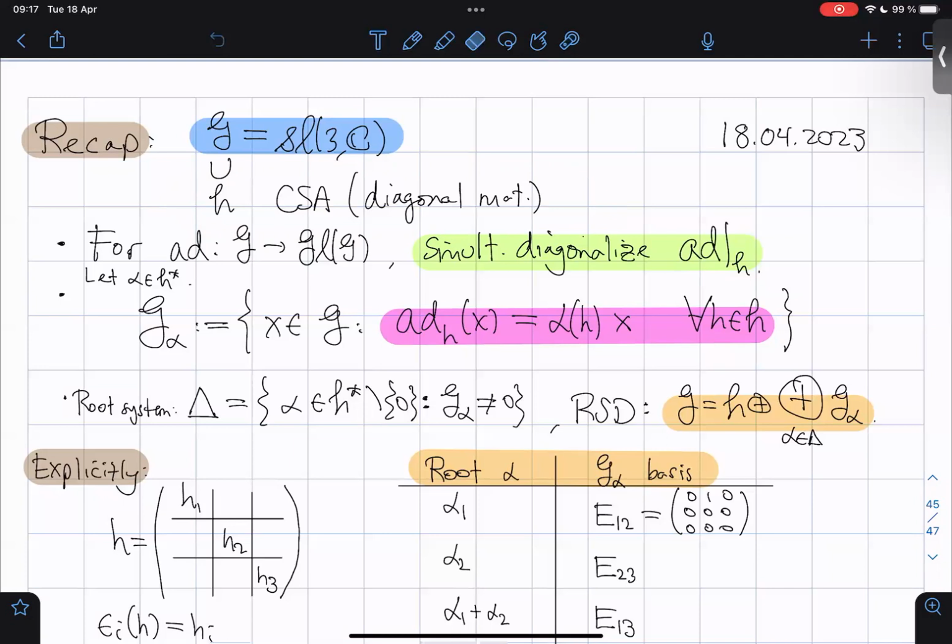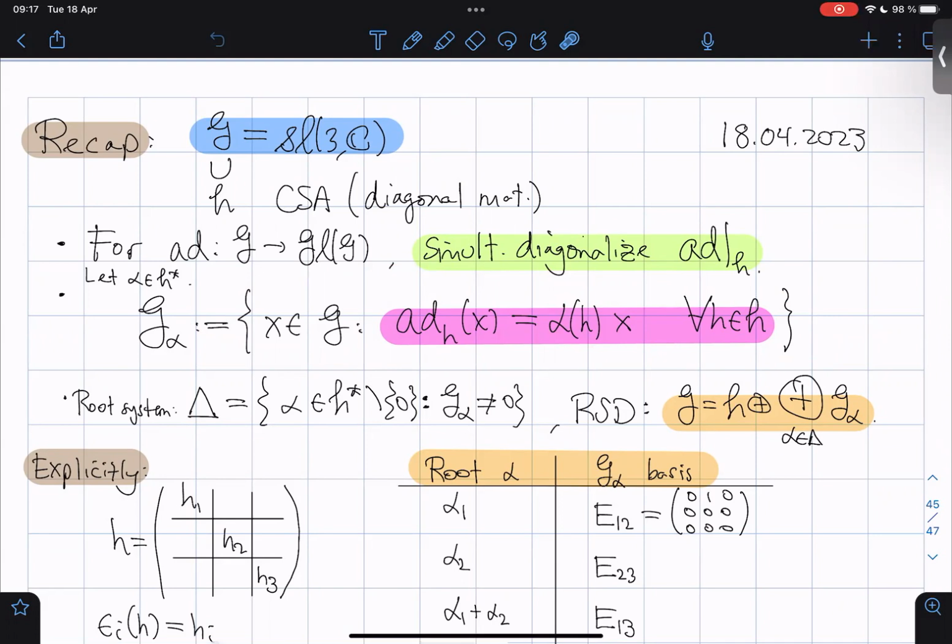So here is the eigenvalue equation, and this is the notion of an eigenspace. G alpha consists of those x's that under the adjoint H action just rescale the vector x. Alpha of this input H is a number. If this space is non-trivial, alpha would be called an eigenvalue.